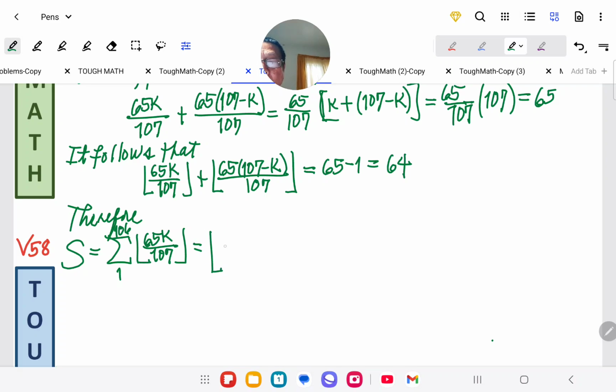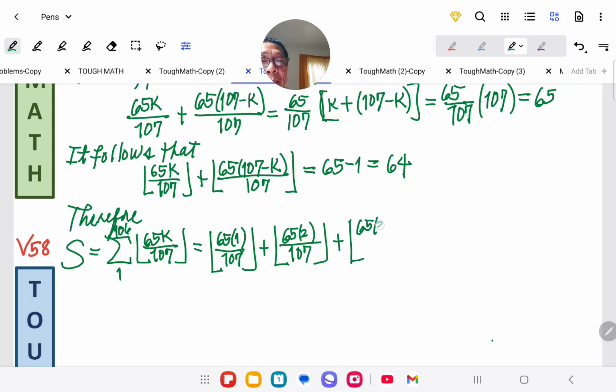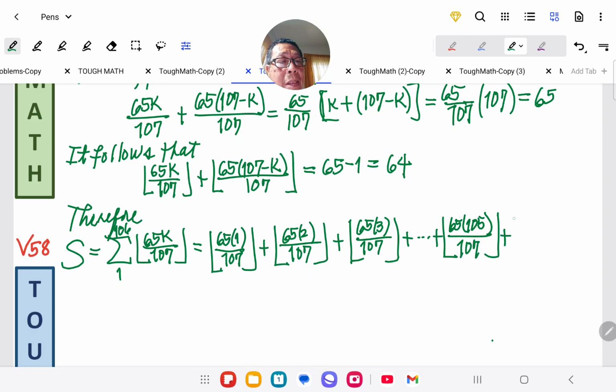So we have the greatest integer value of 65 times 1 over 107 plus the greatest integer value of 65 times 2 over 107 plus the greatest integer value of 65 times 3 over 107 and so on, plus the greatest integer value of 65 times 105 over 107 plus the greatest integer value of 65 times 106 over 107. This is the last term.